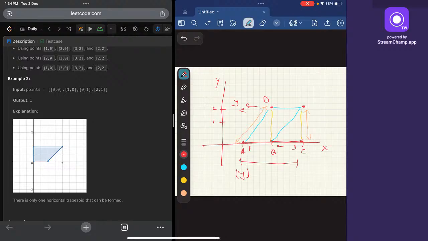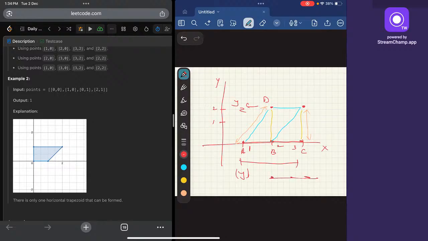When I have the same y and different x's, they will be collinear, so they will never form a trapezoid.